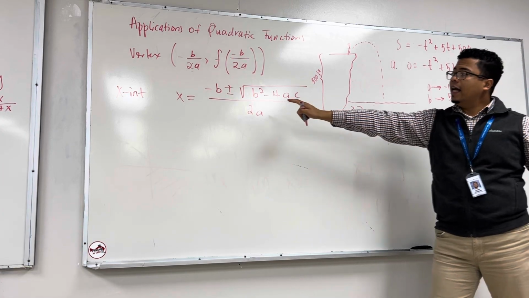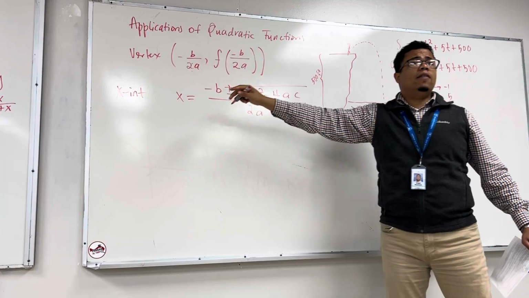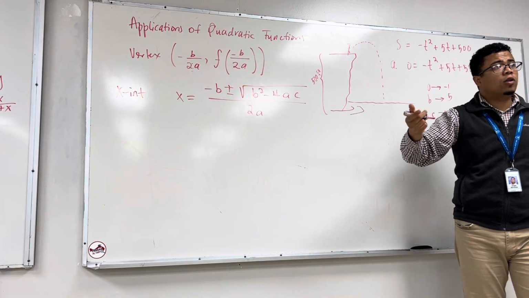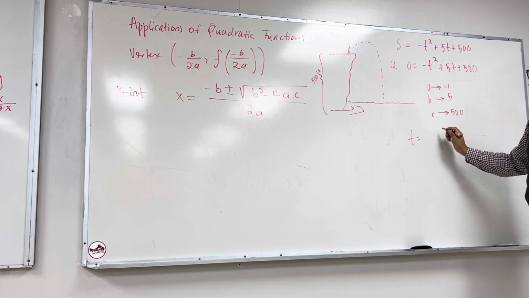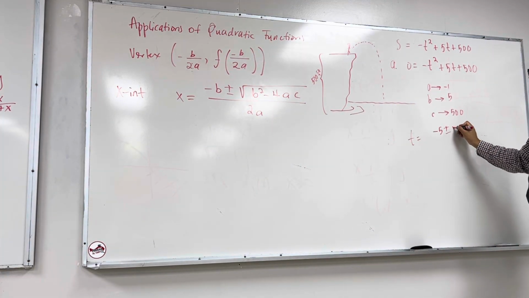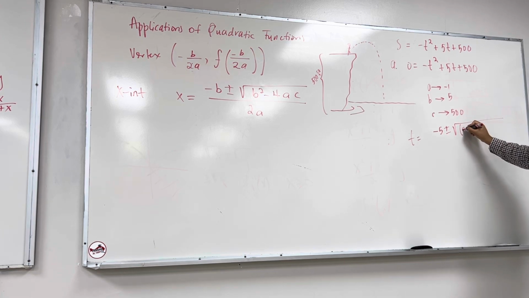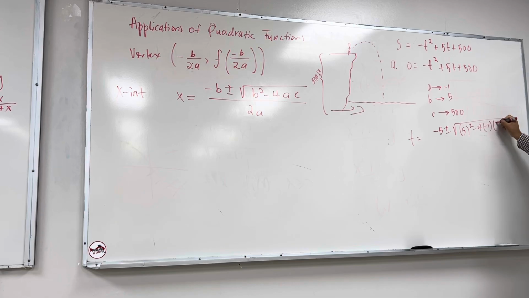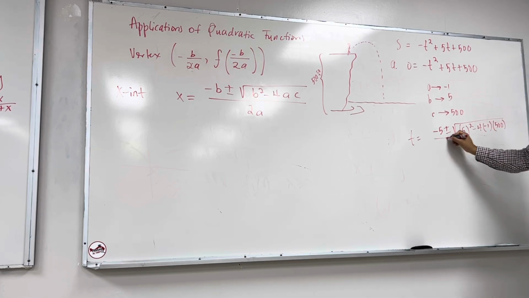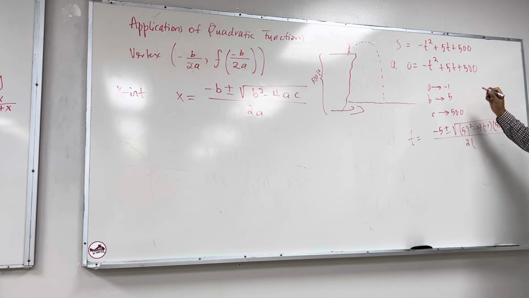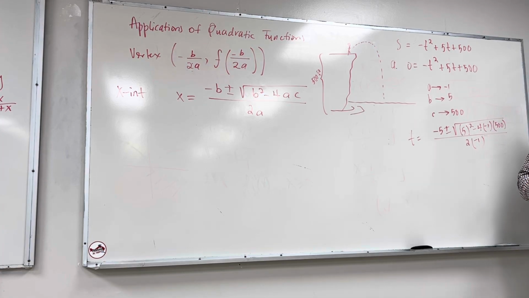We're not calling this x, we're using T for time. Time is equal to -5 plus or minus the square root of B squared, so 5 squared minus 4 times A times C, 500. All of that divided by 2 times A, which is -1.